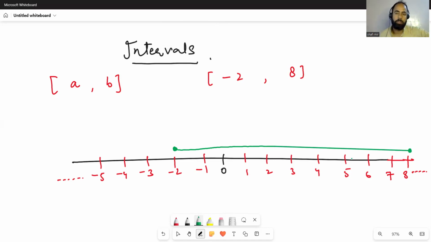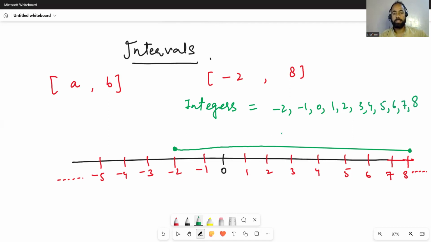There are millions of real numbers from -2 to +8. But if I talk about integers, how many integers are from -2 to +8? They are -2, -1, 0, 1, 2, 3, 4, 5, 6, 7, 8. These are the only integers included in this interval.